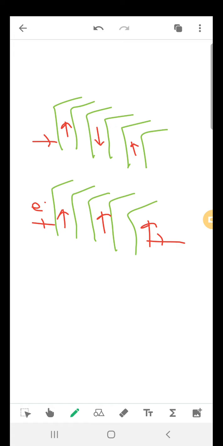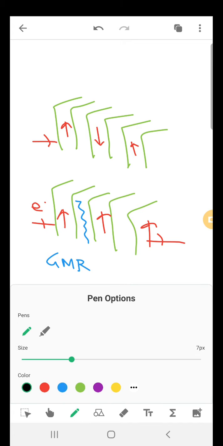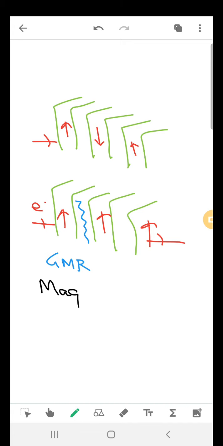Now, these are also giant magnetoresistance materials, GMR materials, and the key structure is the spacing of the non-ferromagnetic material between them. There is a tendency of magnetic materials to align themselves in the same direction. By alignment, I mean alignment of the magnetic moment.